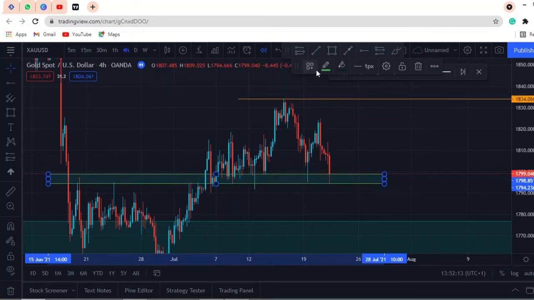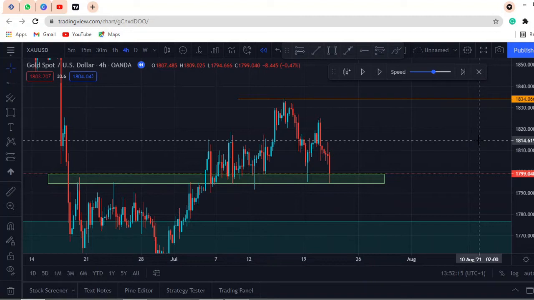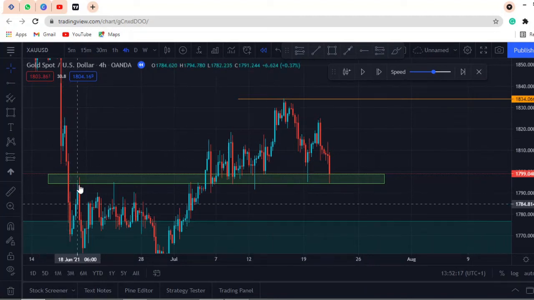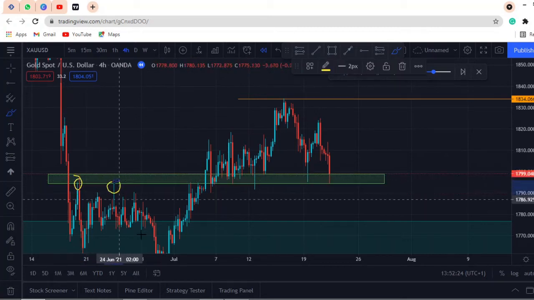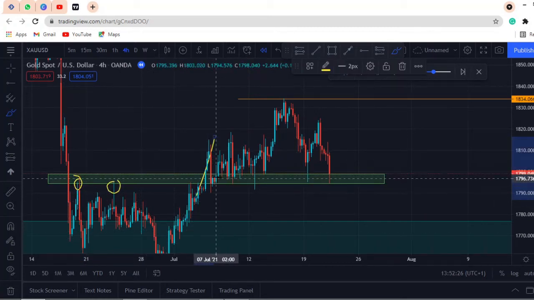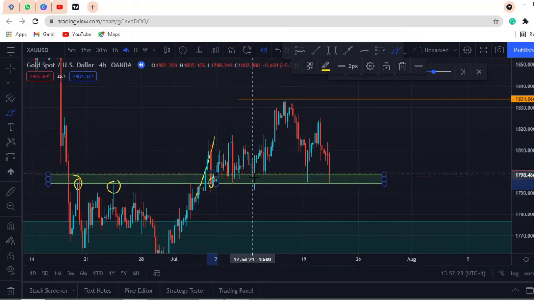Let me change the color so that you don't get confused. You can see that it went here, this level was being rejected and rejected, then broke, then support, all this support.